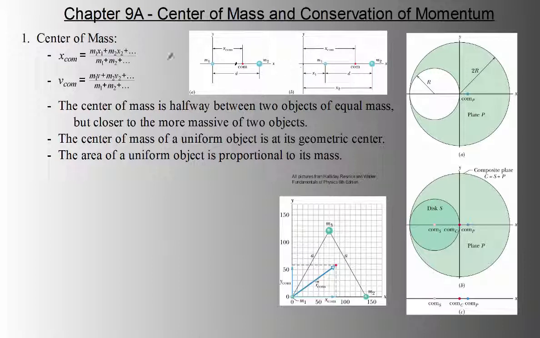M2 now is at x2, which is d plus x1. You can see here x2 is this whole length, which is d plus x1. And now x_com, the x center of mass, is still going to be what it originally was over here, this length from M1 to the pink dot, plus x1 now.